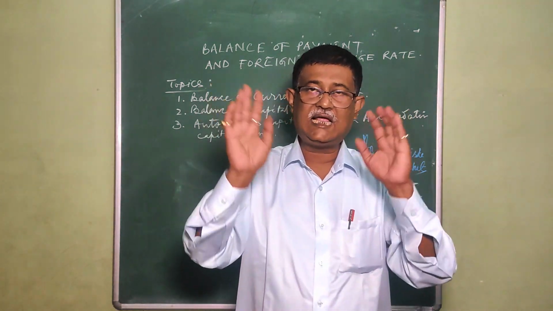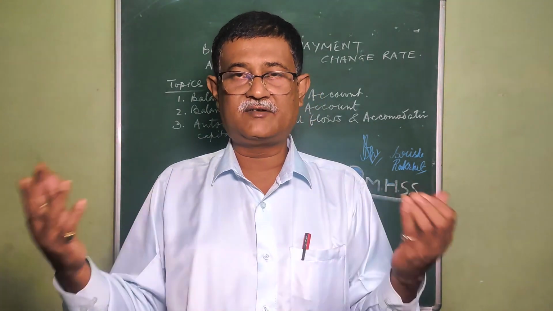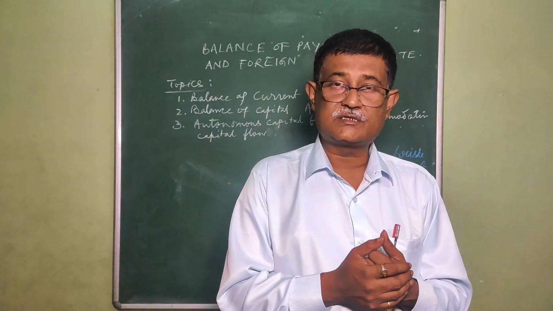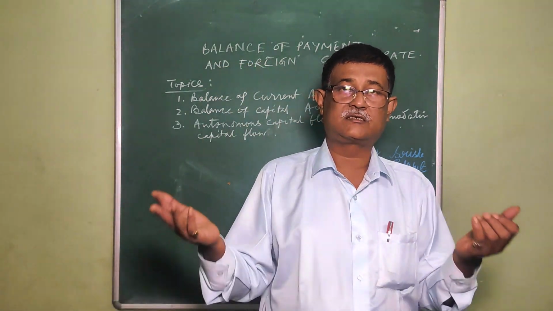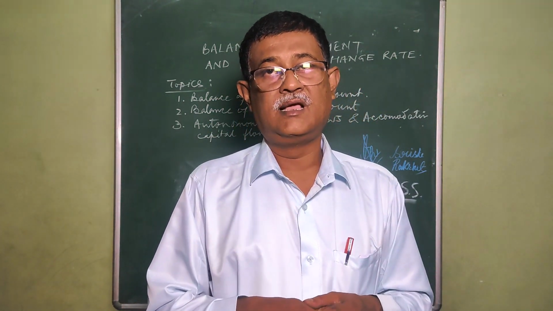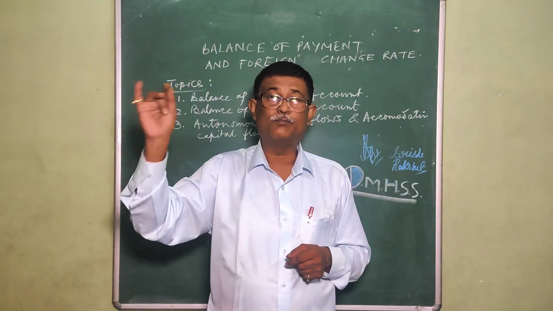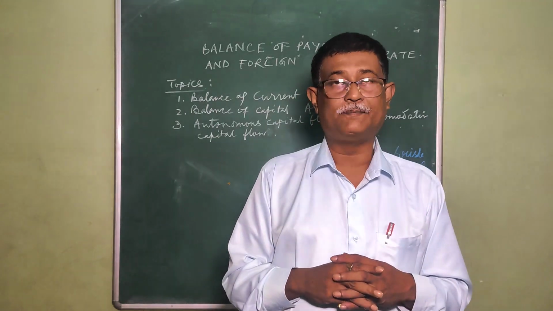So that will help to reduce the demand for investments and demand for consumption goods, which is financed through loans, and that will help us to control import of goods from abroad.